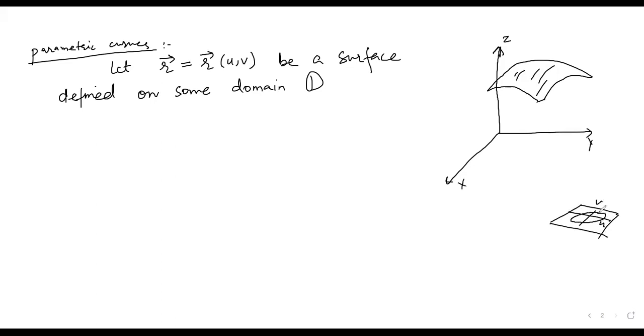So this is its domain, and under this map, R maps this portion to this surface in R3. So these are my UV coordinates. R at UV gives some X, Y, Z points in my R3 space, where this surface is.